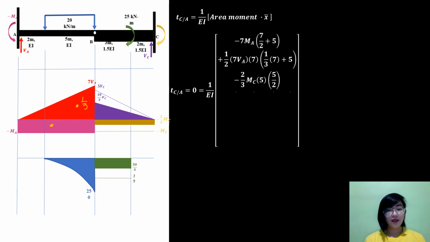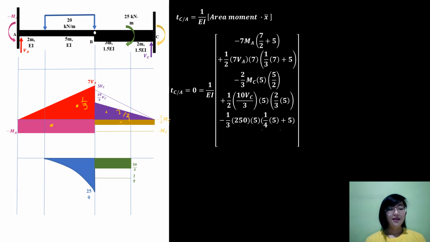So, negative 2/3 MC times 5 times yung centroid niya, which is distance over 2. So, 5 over 2. Ito, length over 2. And then next is this one, ang triangle naman. So, ang centroid dito and nandito. Yan. So, 1/2 times 10 over 3 VC times yung distance, yung length, which is 5, times yung distance ng centroid to reference line, which is 2/3, kasi 2/3 to, di ba? 1/3 yung kabila, 2/3 to. So, 2/3 times yung length, which is 5.